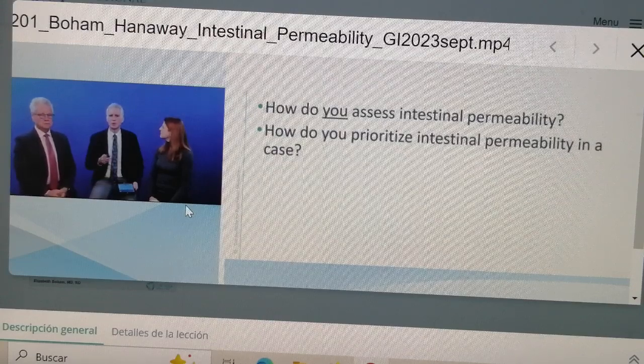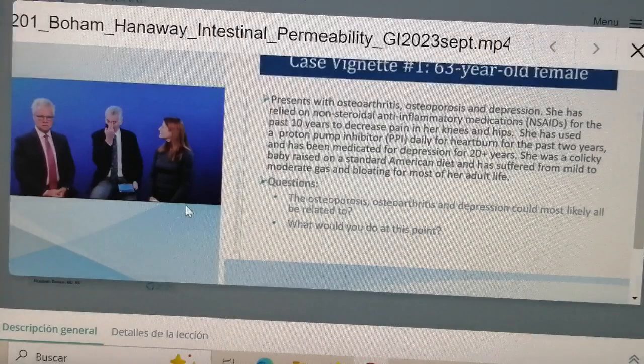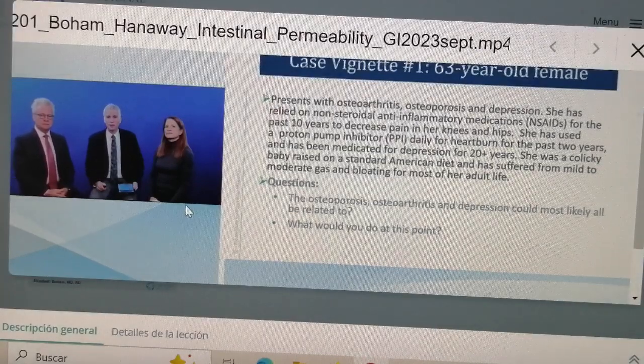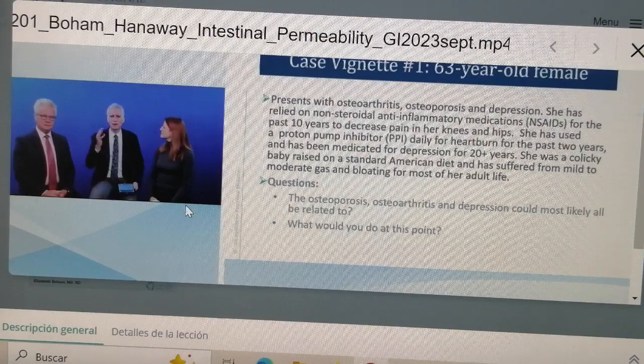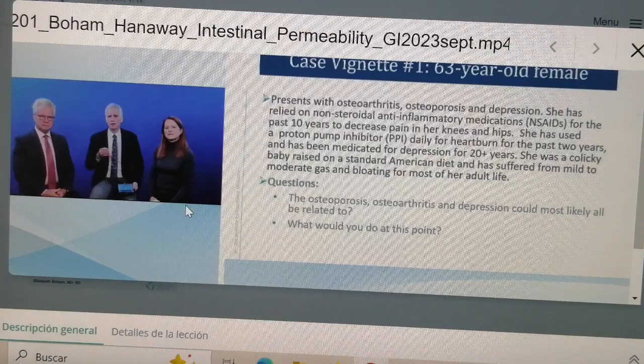So we're going to go to a case here, and I'm going to read the case as I have it, and then we are going to have some discussion. So this is a 63-year-old female who presents with osteoarthritis, osteoporosis, and depression. She's relied on nonsteroidal anti-inflammatory drugs for the past decade, which have decreased her pain in her knees and hips.